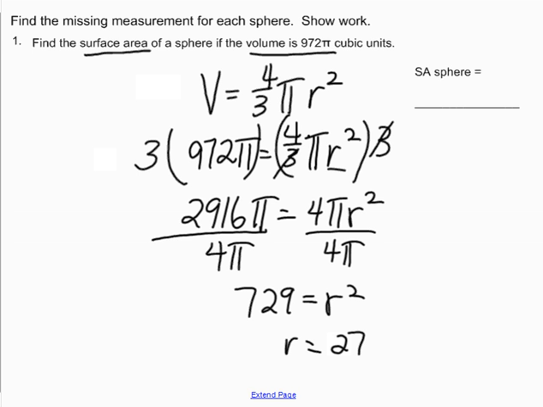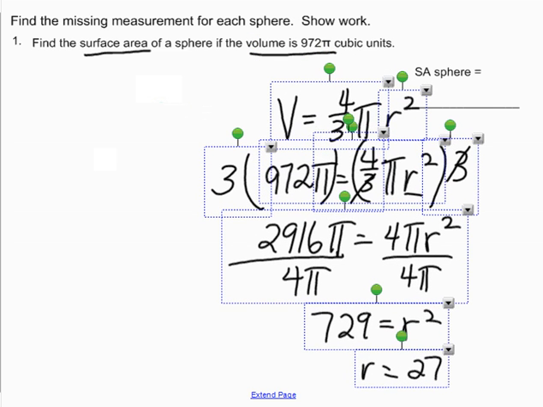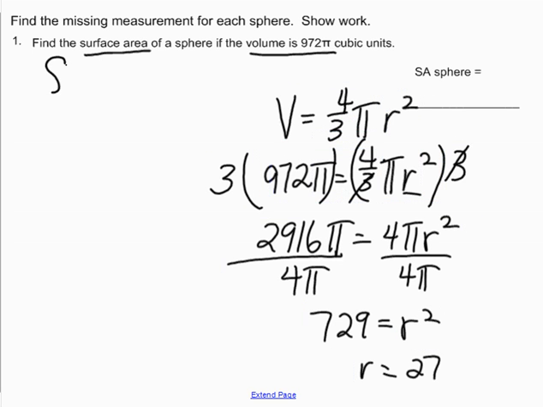First of all, I'm going to move this over. All right, I'm going to figure out the surface area, which is 4 pi r squared.